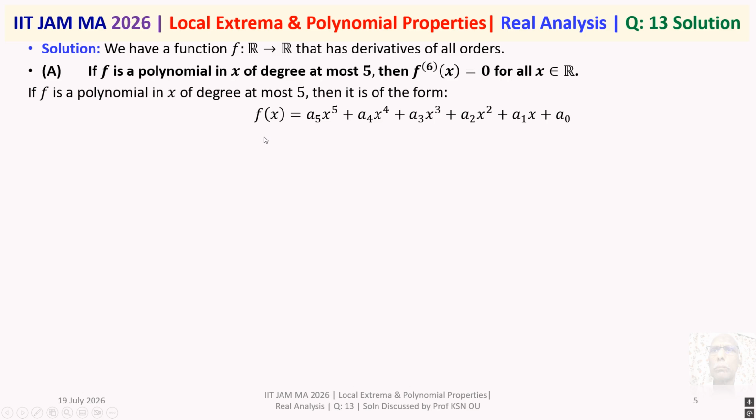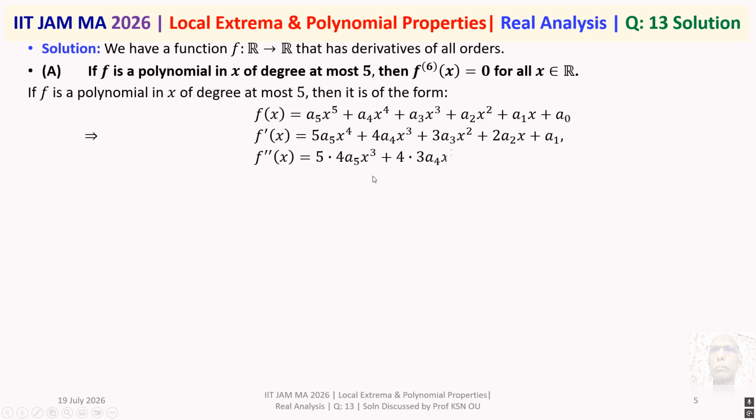Differentiate once, you will get this one. Second time differentiation, we'll get this. And likewise, you go on doing; the fifth derivative will be factorial 5 into a5. And the sixth derivative will be 0 as this is constant.